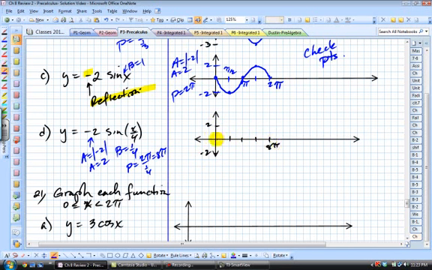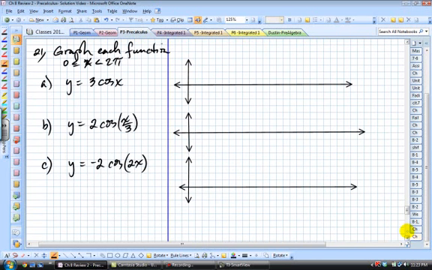Let's graph. So here, here, here, here, and here. There you go. And this is 4 pi here. You can check 4 pi. 4 pi divided by 4 is pi. Sine of pi is 0. 0 times negative 2 is 0, and you're here. You can check any angle you want.